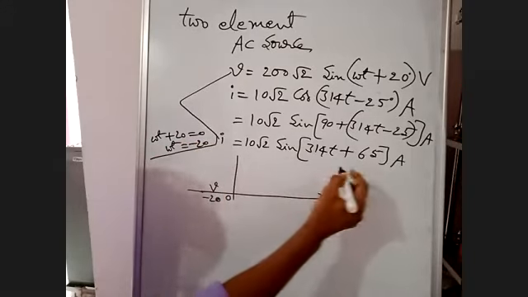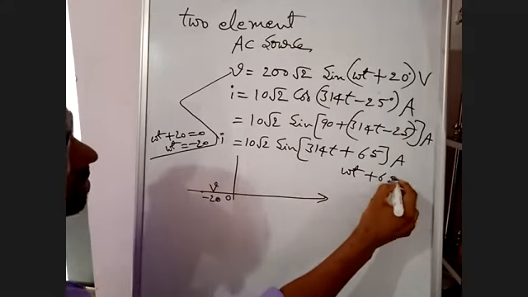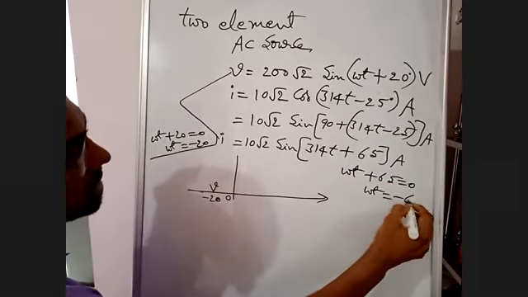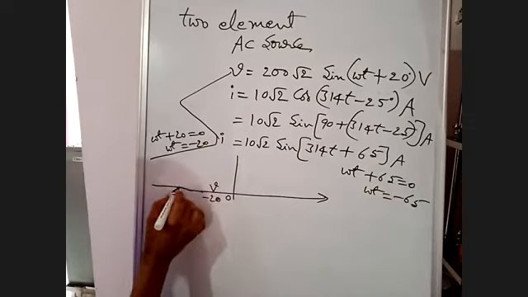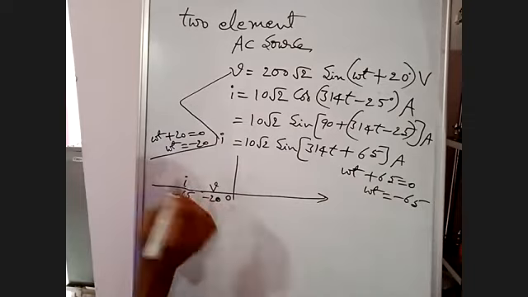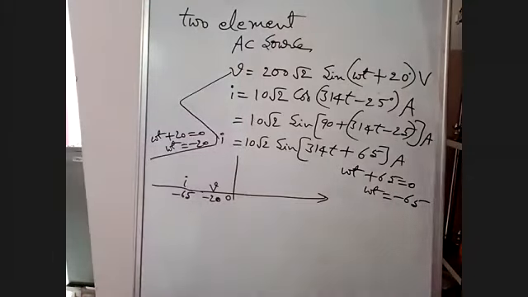For current, omega t plus 65 is equal to 0, so omega t is minus 65. Then is the current leading or lagging?